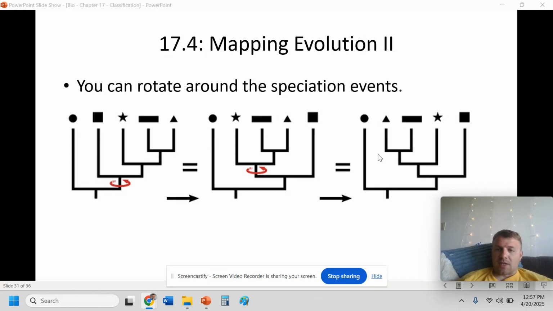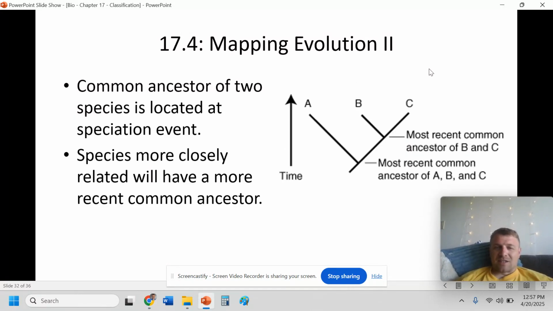On each of these trees, that triangle and rectangle are the closest two species that are related. If you look at the next step, the star is the next one in line. And if you look at each one of these trees, that star is still the next in line. Then it goes square and circle. But even though they're in different locations, these still show the same tree. So there are multiple right answers when we make these phylogenetic trees and these cladograms.